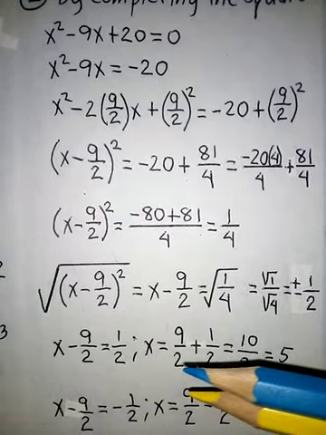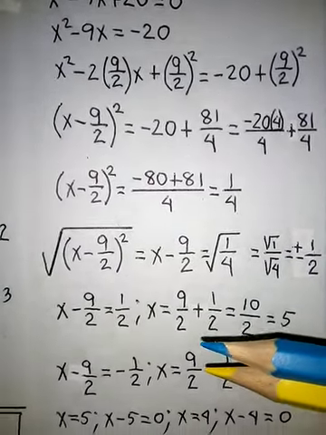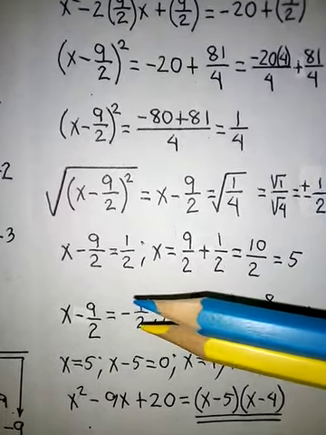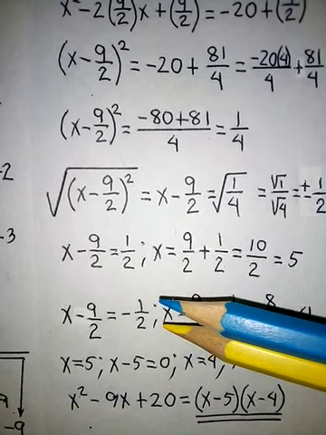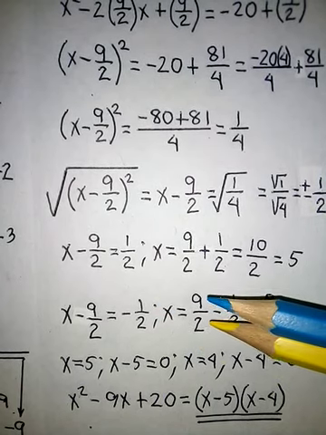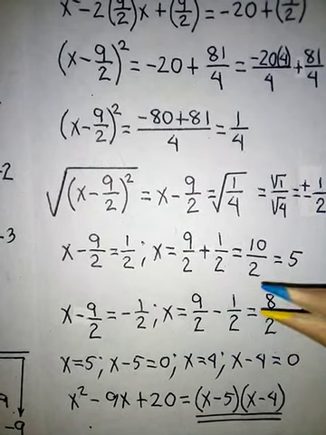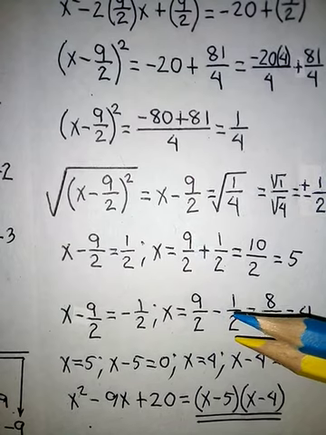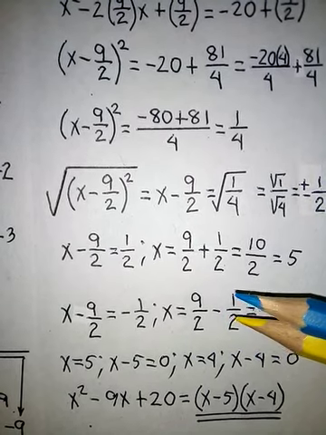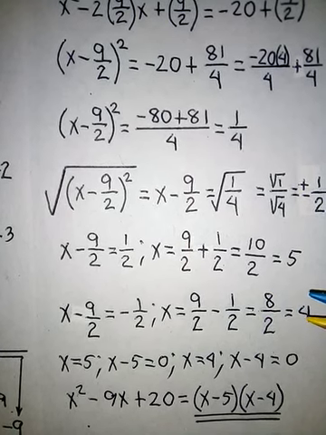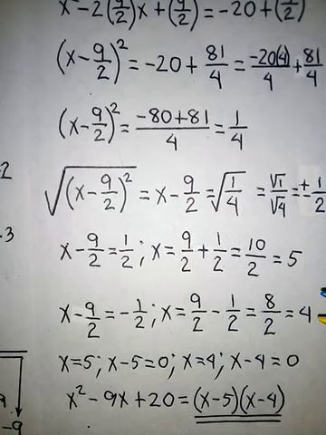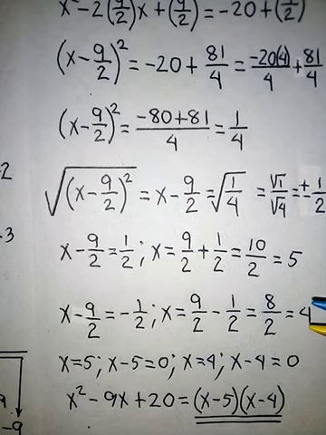So transpose negative 9 over 2, so x is equal to 9 over 2 minus 1/2. They already have the same least common denominator. So 9 minus 1 is equal to 8, 8 over 2 is equal to 4. So the other root is x is equal to 4.